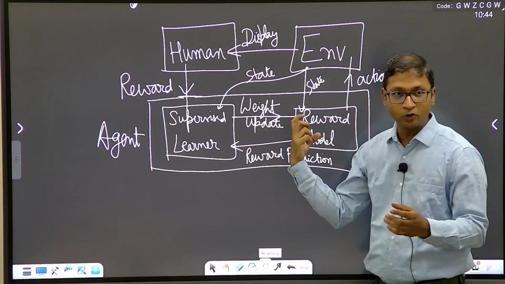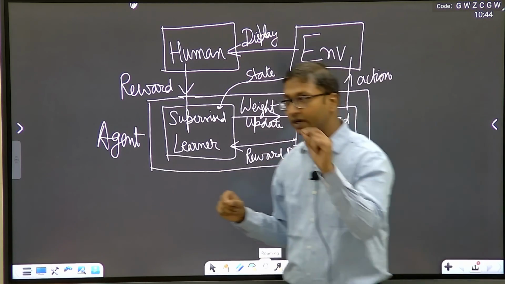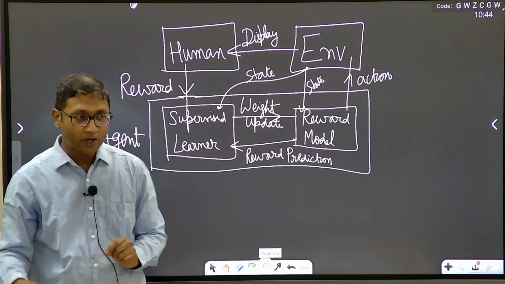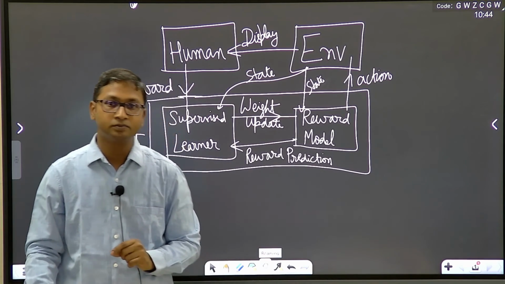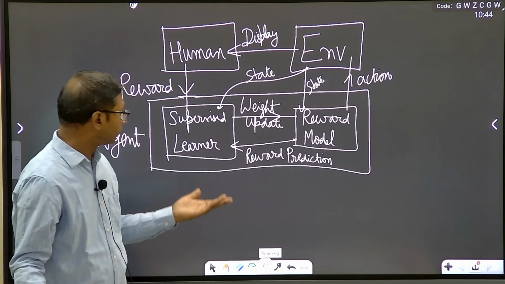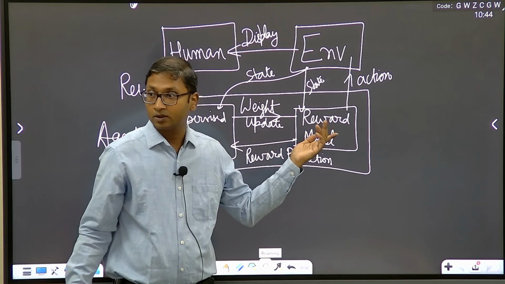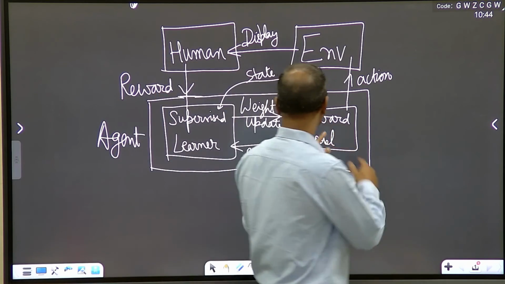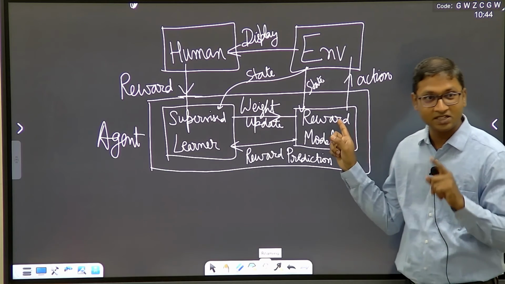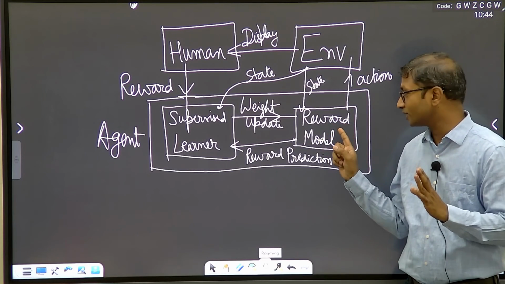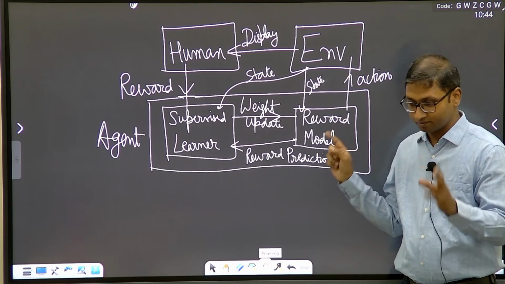These two are fed to me. Based on that, I try to predict a reward. What is the reward that I am trying to predict? So what kind of neural network will it look like? By the way, if I remember it right, this model itself was a 6 billion parameter model for InstructGPT.